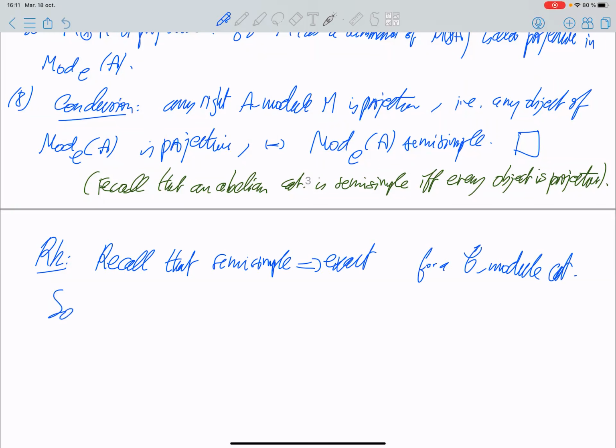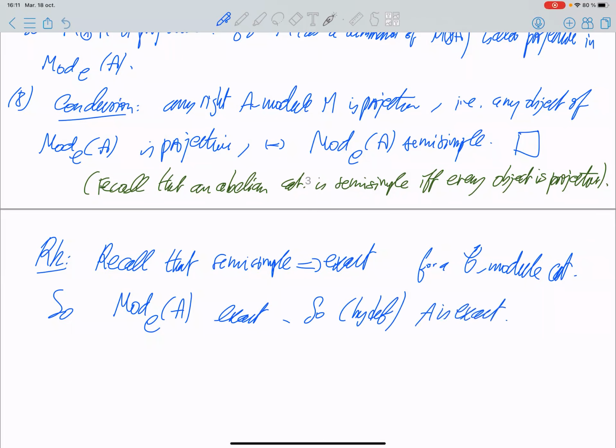So mod C A is semi-simple when A is separable, so it is exact. And so by definition of what is exact for an object, A is exact. We recall that the algebra object is exact by definition if mod C A is exact.